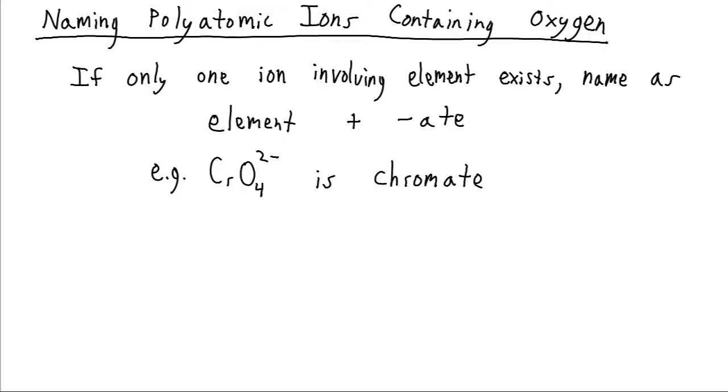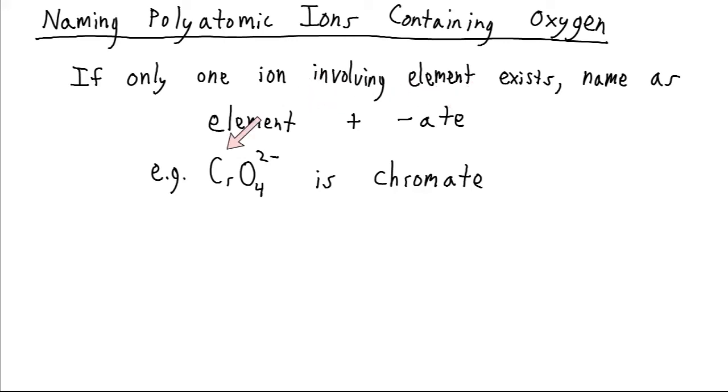Many of our polyatomic ions consist of some element plus a varying number of oxygen atoms. So there's a specific way of naming these compounds in order to distinguish them from each other. First of all, if there's only one form in which there is the element plus oxygen to form some ion like this, then we name the element and then we add an "-ate" suffix to it.